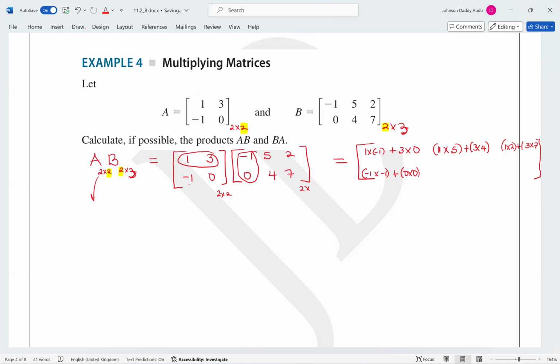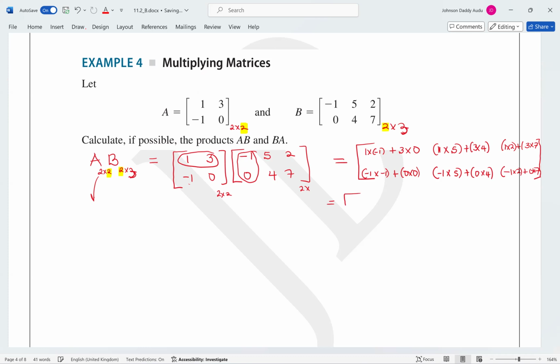Then you take again second row, second column. This will be minus 1 times 5 plus 0 times 4. Then minus 1 times 2 plus 0 times 7.